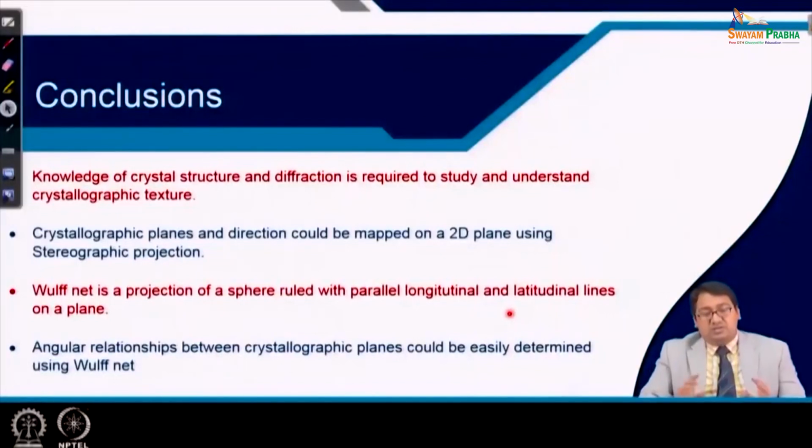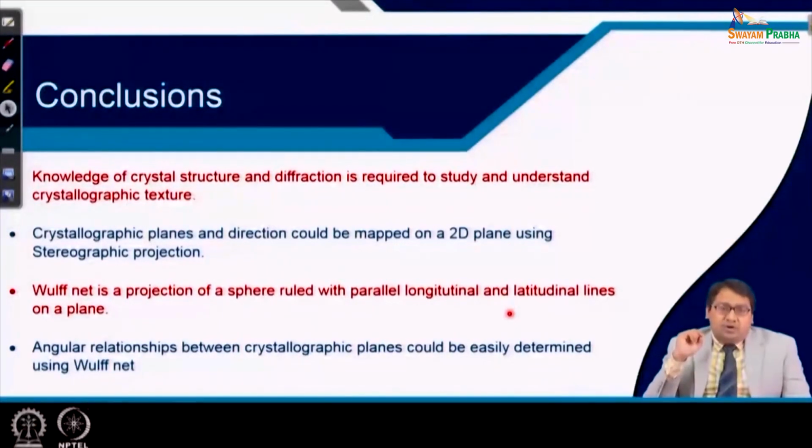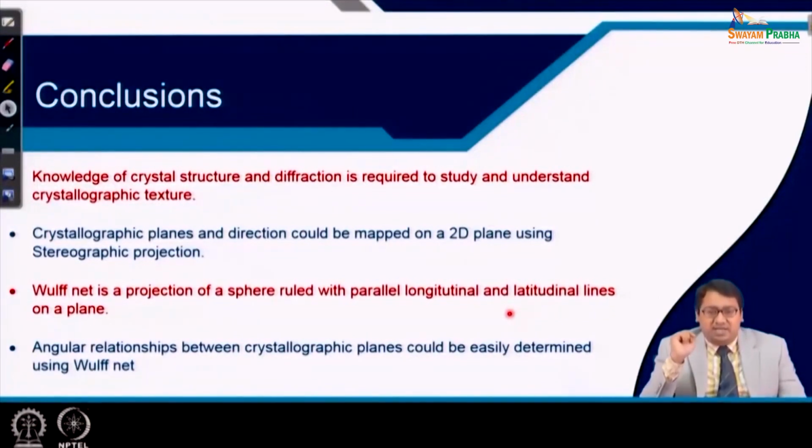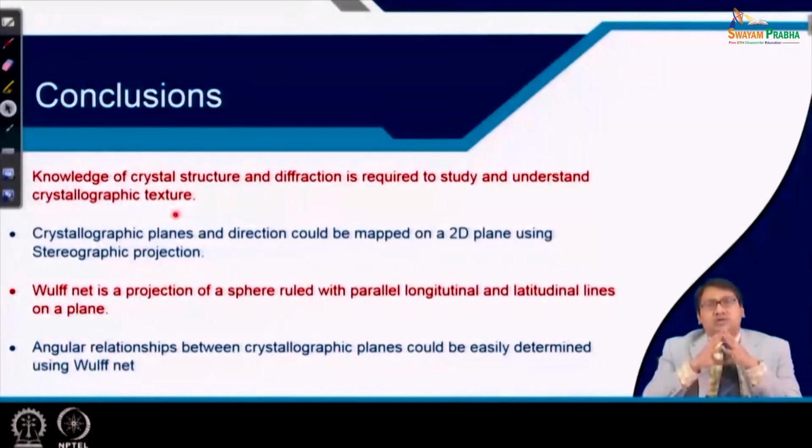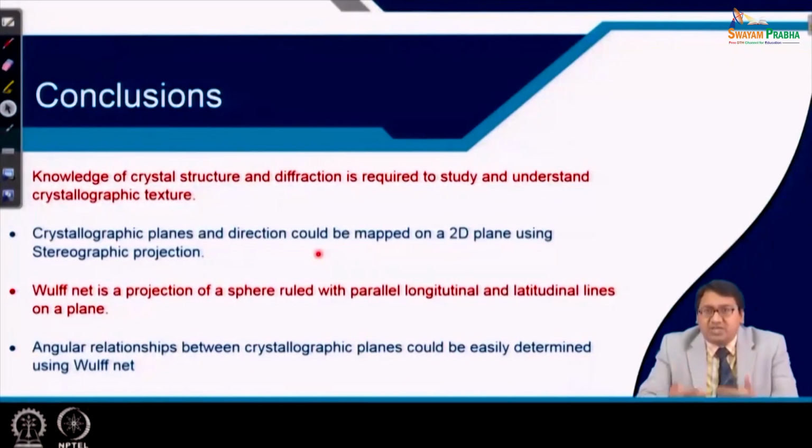So, in this lecture, we found that knowledge of crystal structure and diffraction is essential to study and understand crystallographic texture. The crystallographic planes and directions could be mapped onto a 2-dimensional plane using the method of stereographic projection.